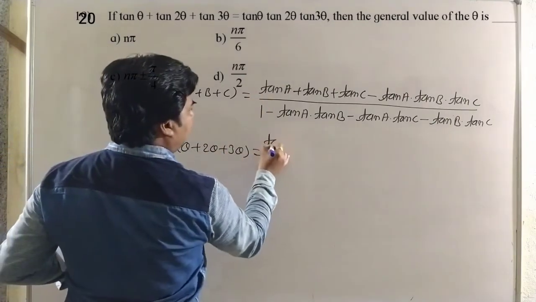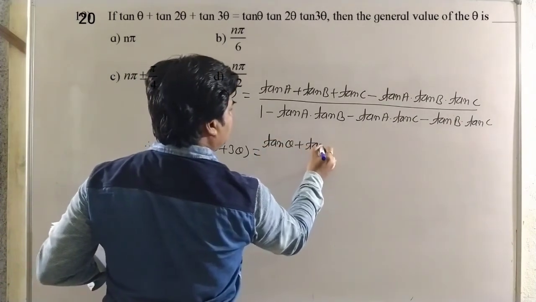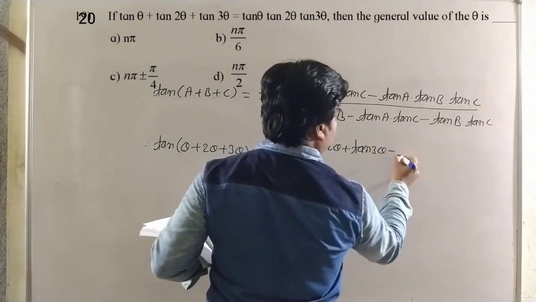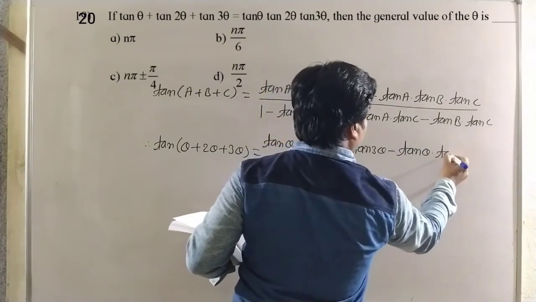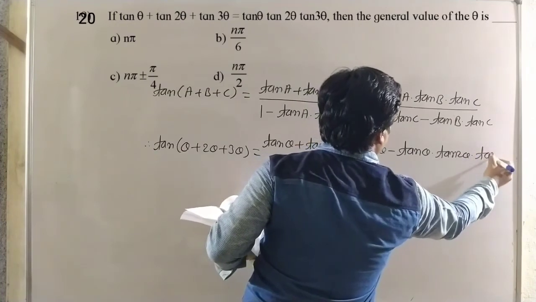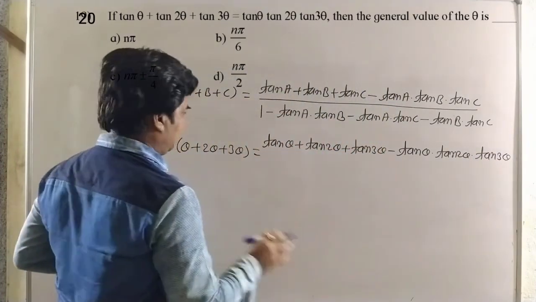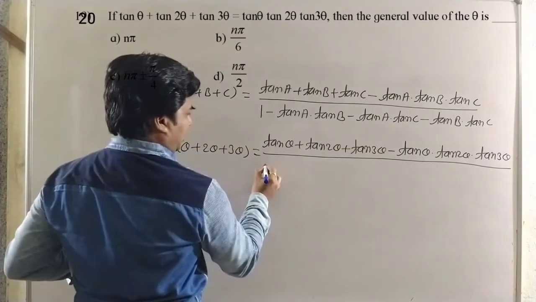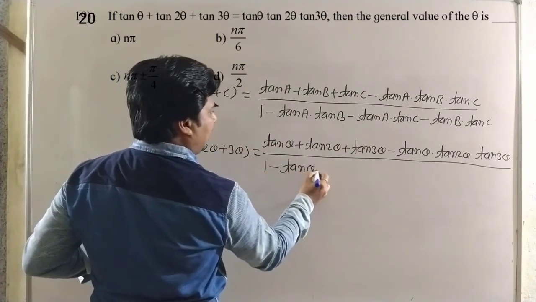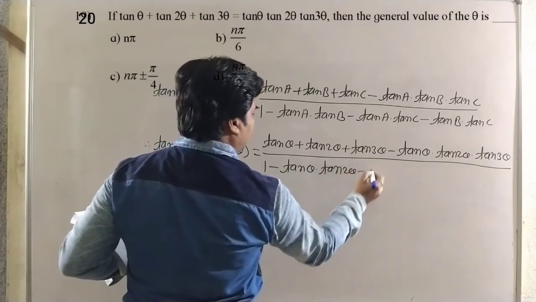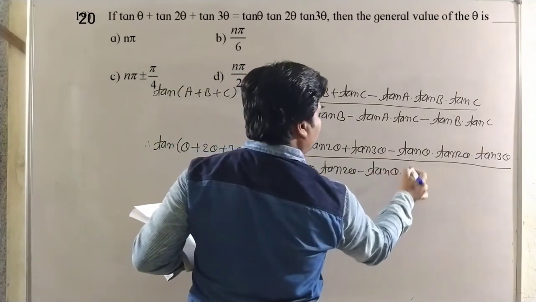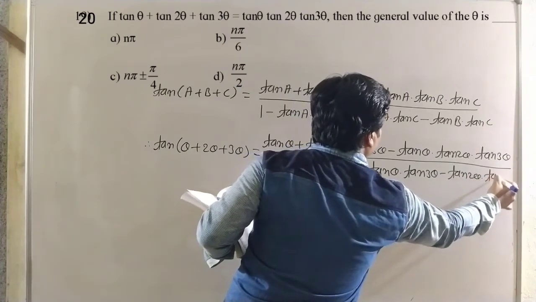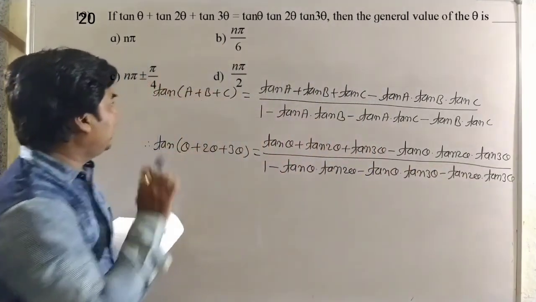By this formula, it is tan theta plus tan 2 theta plus tan 3 theta minus tan theta into tan 2 theta into tan 3 theta, with A, B and C replaced by theta, 2 theta and 3 theta, upon 1 minus tan theta into tan 2 theta minus tan theta into tan 3 theta minus tan 2 theta into tan 3 theta. It is the formula for tan (A plus B plus C).